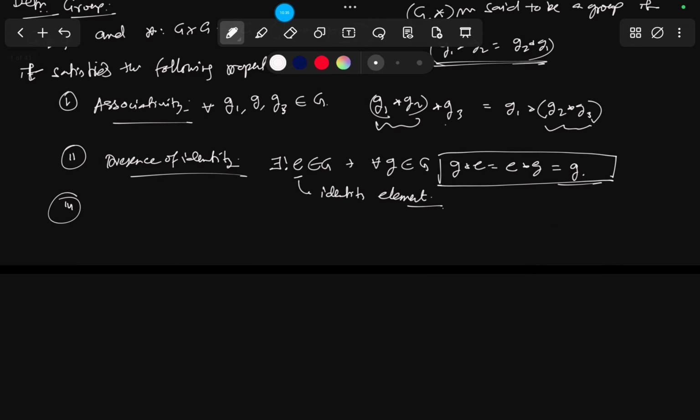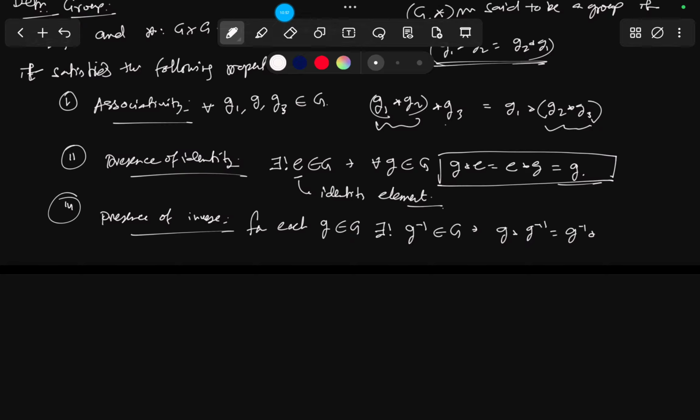And thirdly, there is something called the presence of inverse. Presence of inverse means for each small g belonging to capital G, there exists a unique g inverse belonging to G such that g star g inverse equals g inverse star g equals the identity.